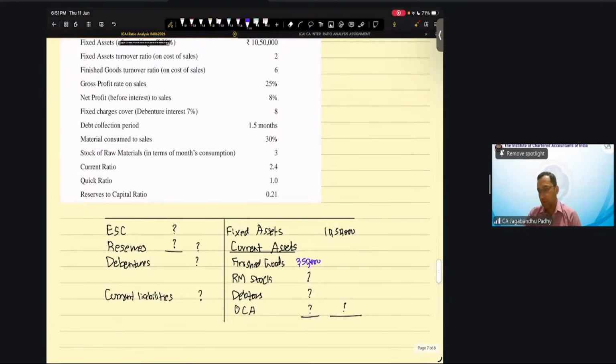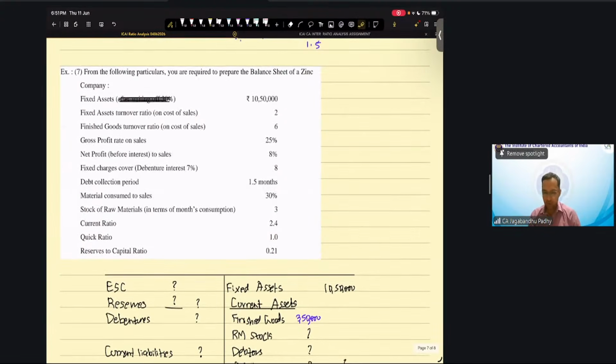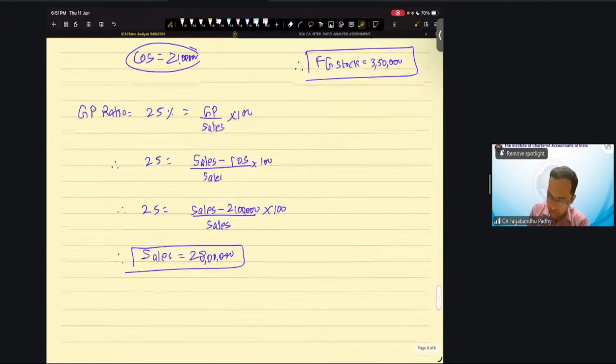But this is going to be used when we look at the net profit to sales ratio, which is 8% before interest. So profit before interest and tax to sales is 8%, or your before interest and tax margin is 8%. So let us use that number now.